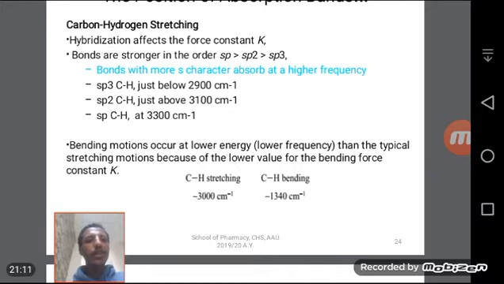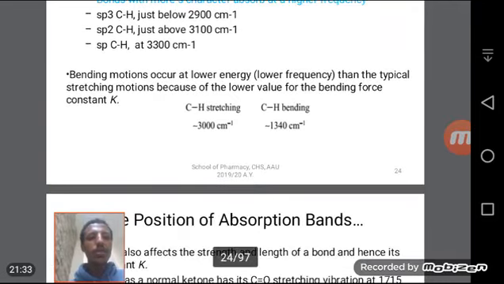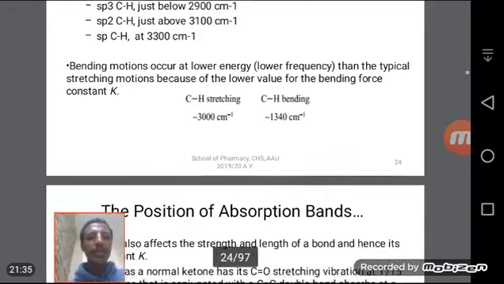As a result, it absorbs at higher frequency, up to 3300 per centimeter. Bending motion occurs at lower energy or lower frequency than the typical stretching motion because of the lower bending force constant, which needs lower energy to bend the bond between the interacting atoms.